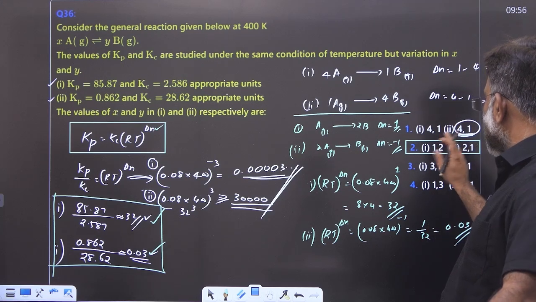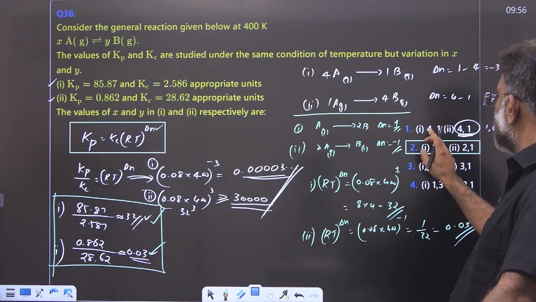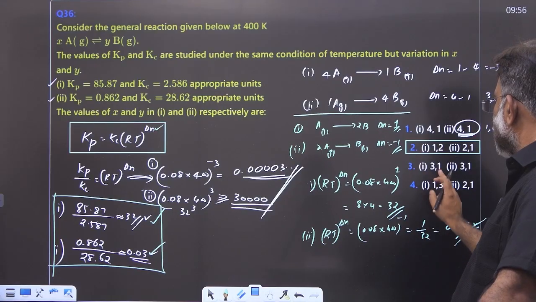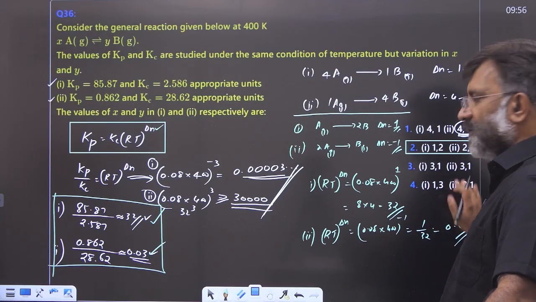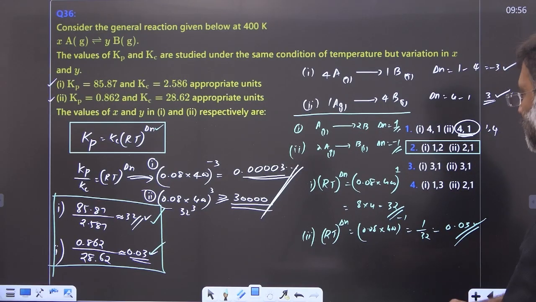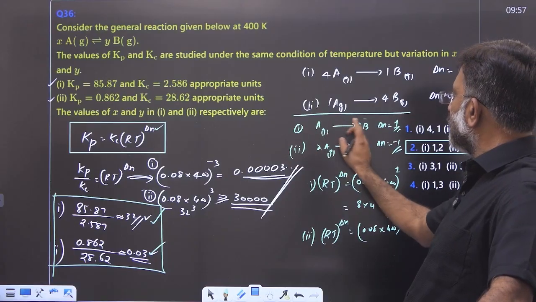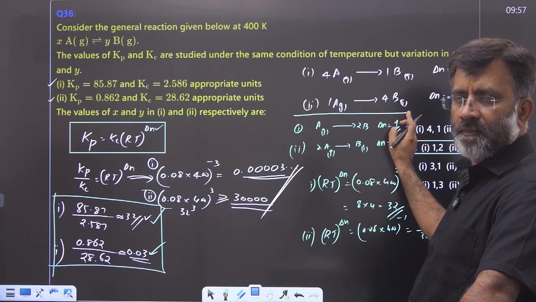For delta n to be different, it cannot be like this. So I am assuming this is 1441 and this is 1331. This is different, this is also different. Anyway, we got the answer. Second choice is the correct answer. 1221: if it is 1 2, 1 here, 2 here, delta n will be 2 minus 1, that is 1.